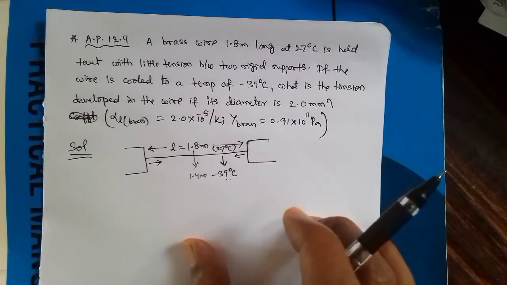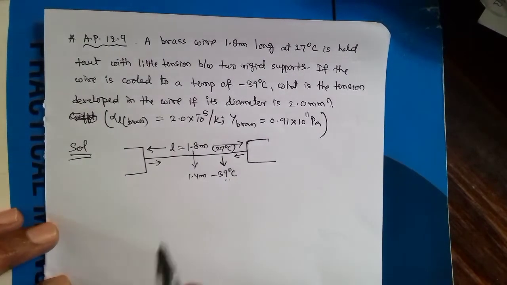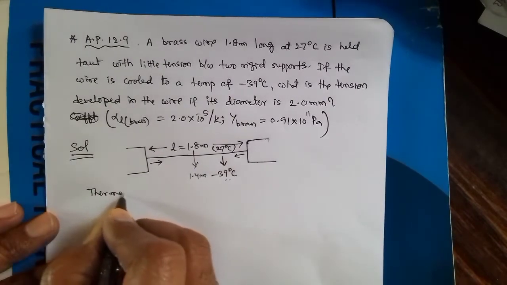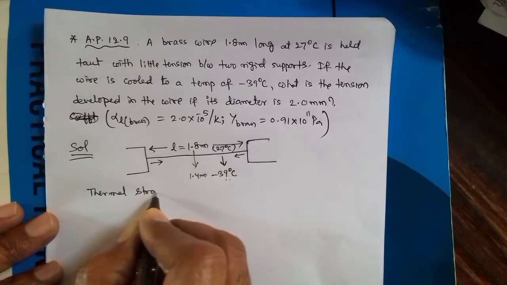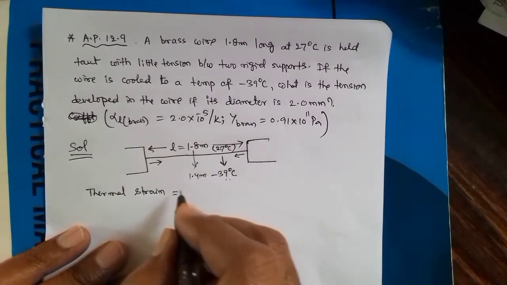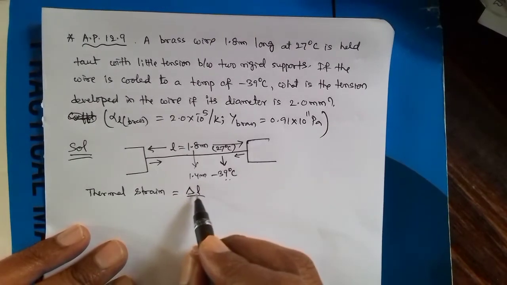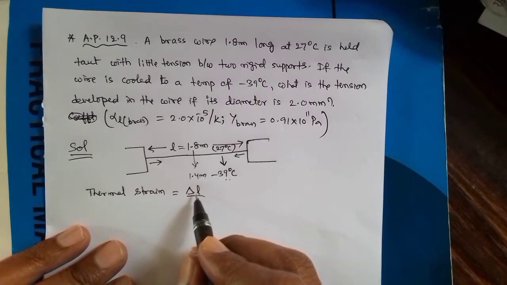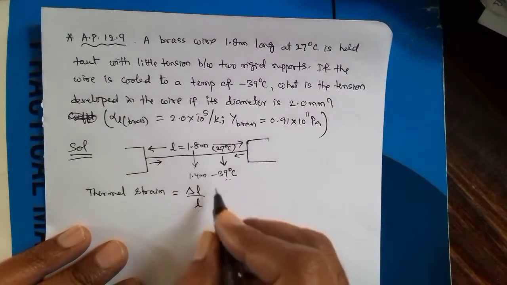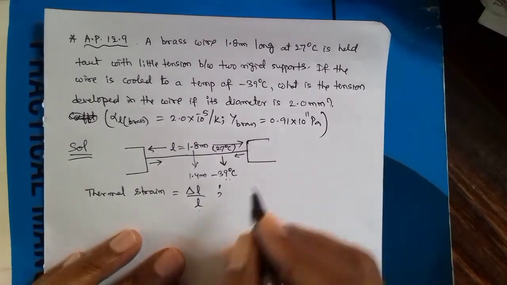Now first let us find thermal strain. The thermal strain is defined as delta L by L, but here delta L stands for decrease in L, original L.